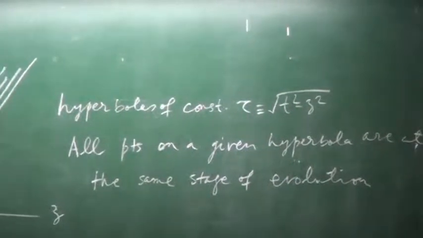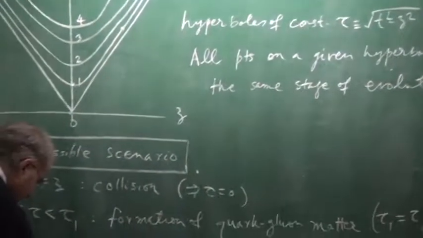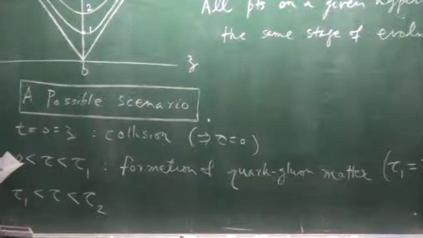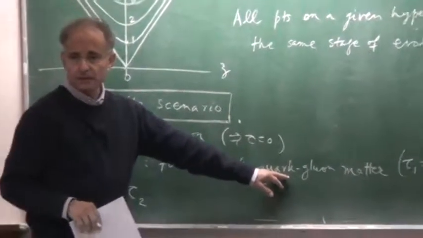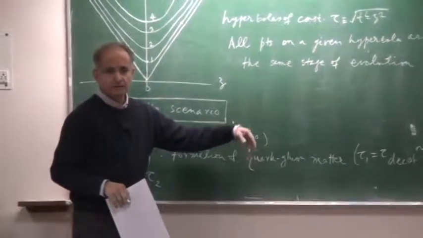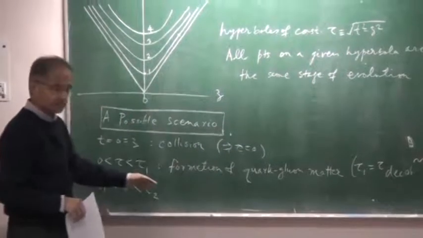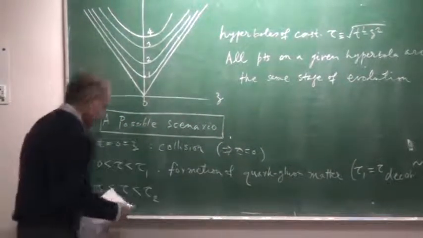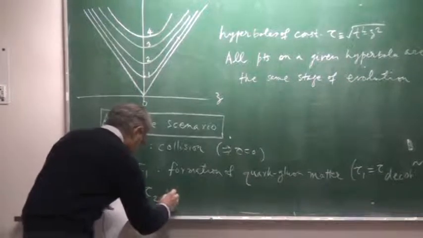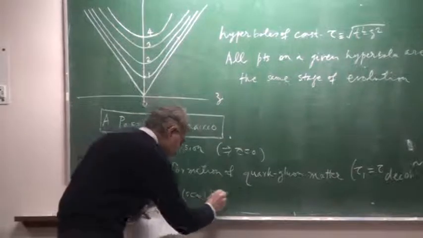Then tau 1 to tau 2. This matter, which is not in equilibrium, is likely to attain local thermal equilibrium during this time. There are enough number of collisions happening. So, local equilibration.